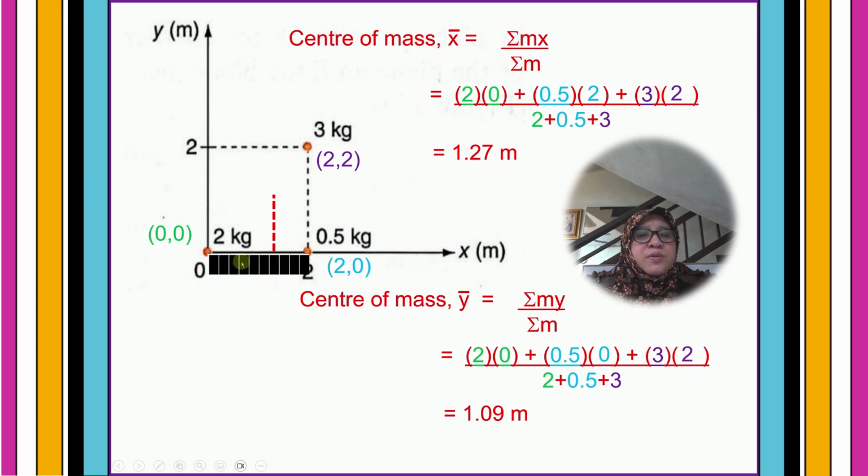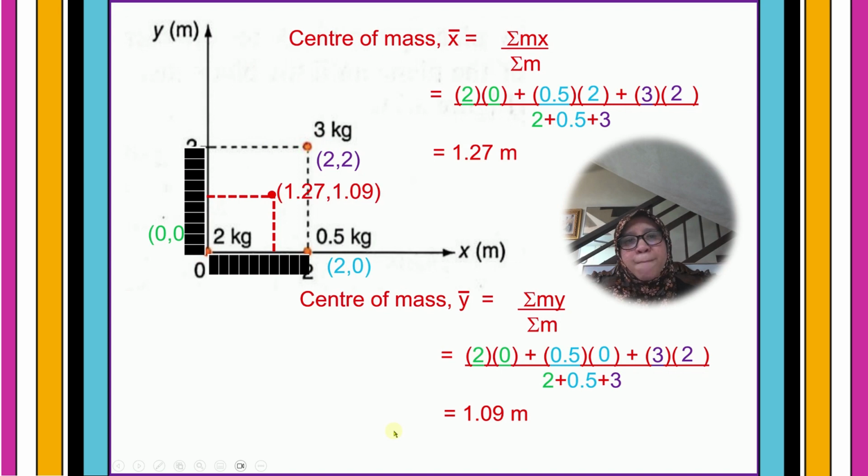From here, if we draw this on the scale, x is 1.27, somewhere here, and then 1.09 is somewhere here. So this is the center of mass for the system.